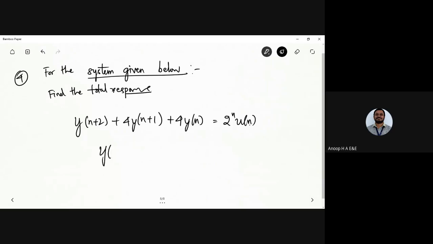Where y of minus 1 would be equal to 0, y of minus 2 would be equal to 1. So you have to find out y of n.